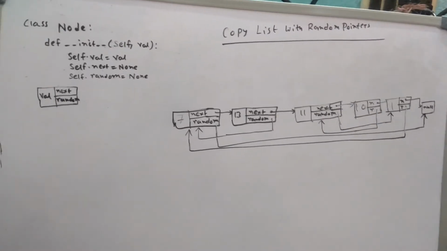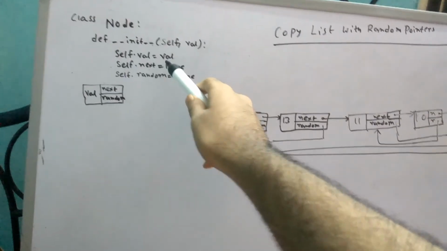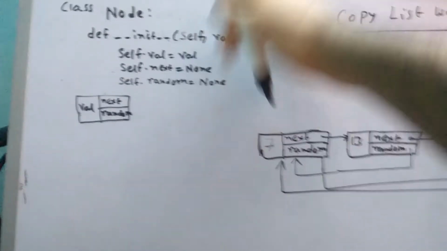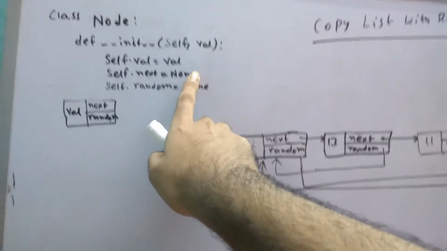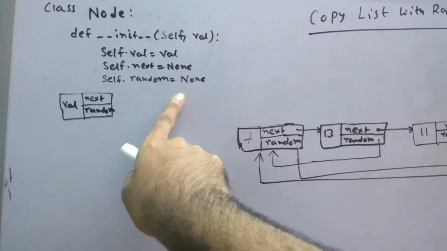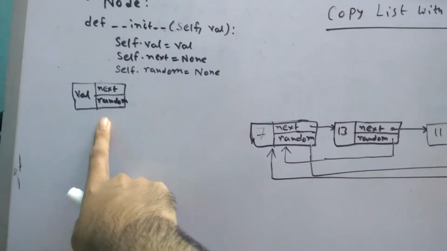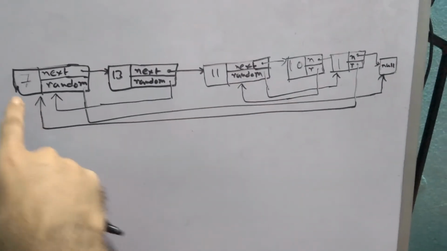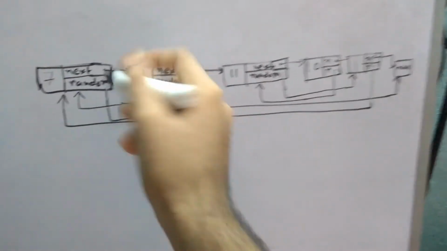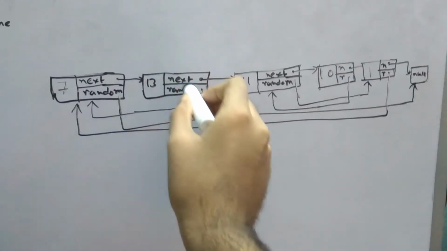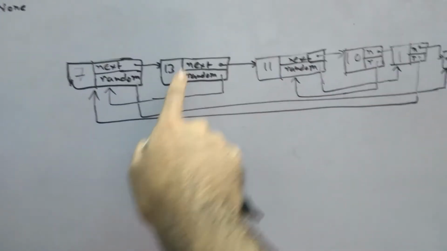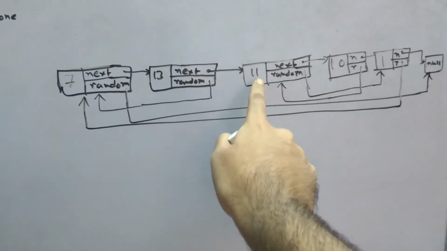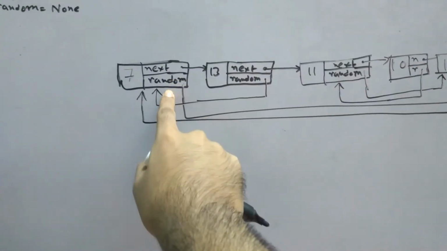Here I have written down the class structure of the new type of node. This class is called Node and it has three attributes: one is value, one is the next node, and one is the random node. I have taken this example from LeetCode, where we can clearly see it's a singly linked list and every next node points to the next value, like 7.next is 13, 13.next is 11. But here we also have another pointer called random.